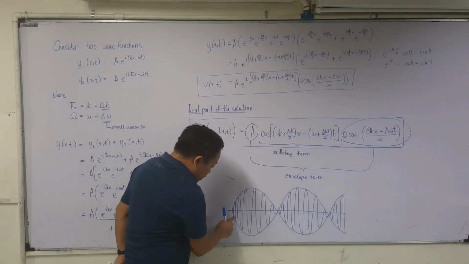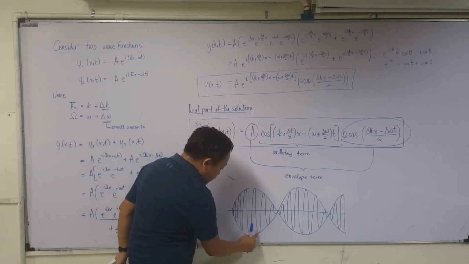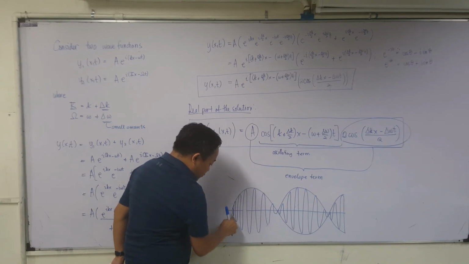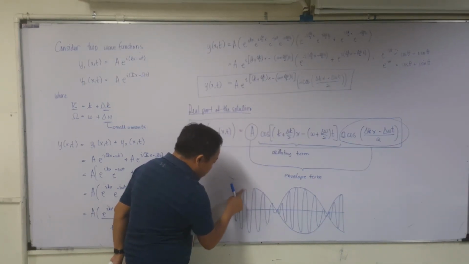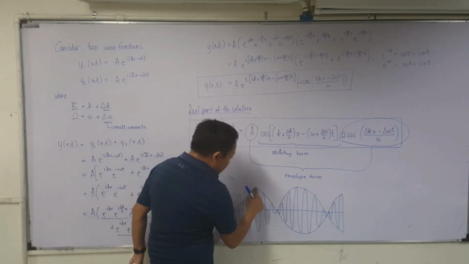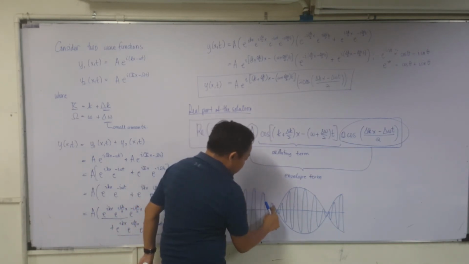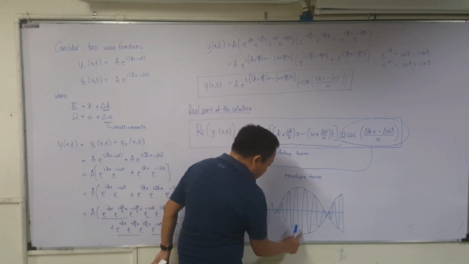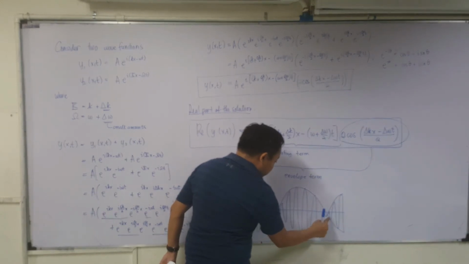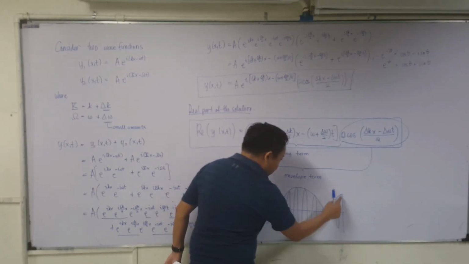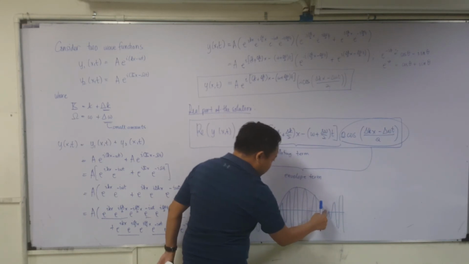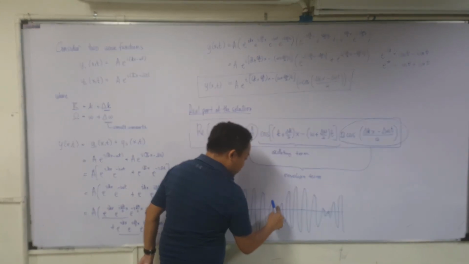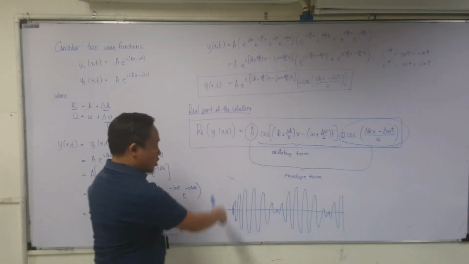This is actually just an envelope that restricts your main function. So this is your main function.